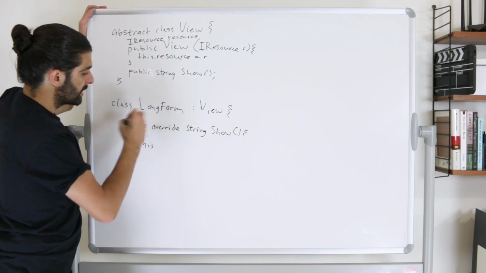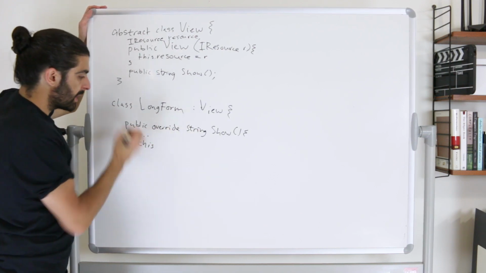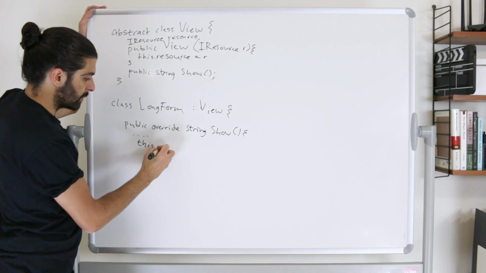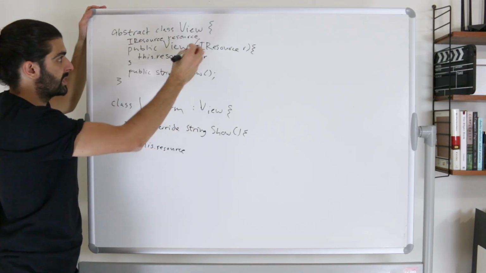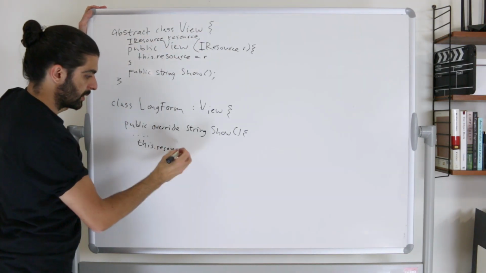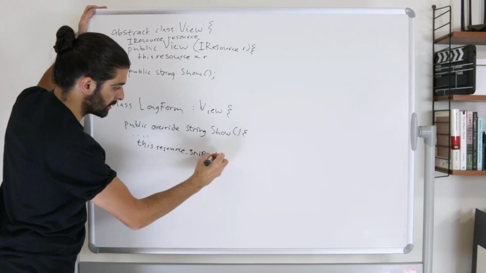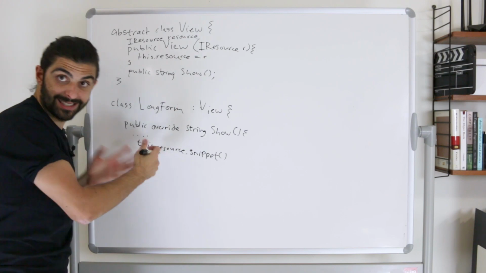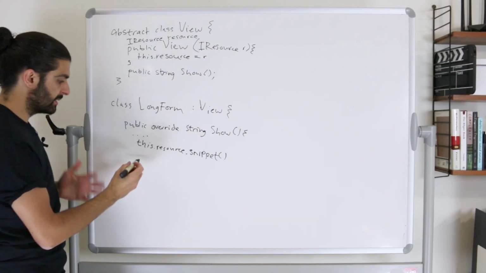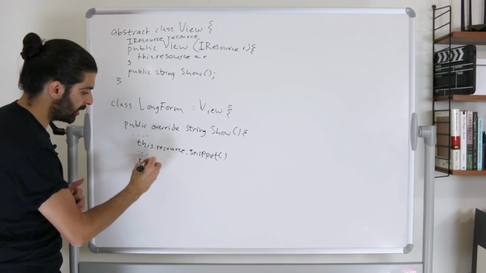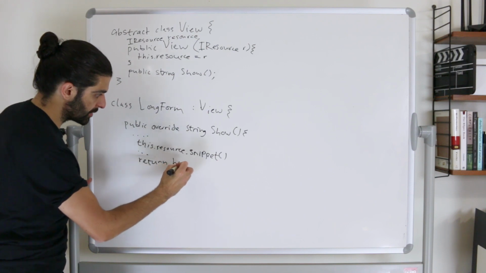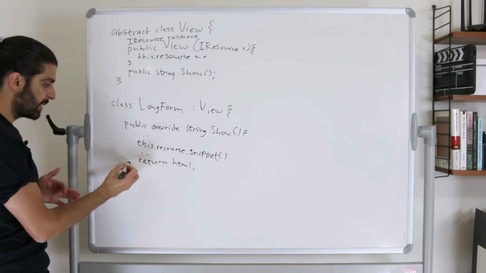So somewhere in the body of this method it would access this dot resource. In other words, the resource that it was passed through the constructor, this dot resource dot snippet, for example, because that's the one we talked about the most. So it would access this snippet and somehow make use of it so that it in the end can return some HTML string here.